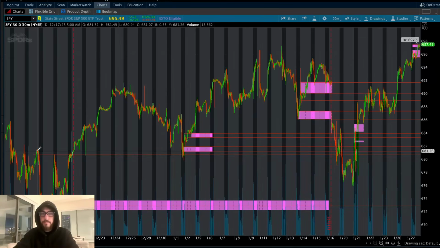Resistance, resistance, resistance. Messed up W, cleaner W. And then once it breaks above the W resistance, so 681 to 692, this had like an 11-point breakout, and then it dropped back down to the W, right?